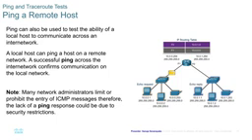Please note, many network administrators limit or prohibit the entry of ICMP messages. Therefore, the lack of a ping response could be due to security restrictions. As I mentioned on previous slides, you may have a firewall on a server that is preventing ping messages from being sent out or received.